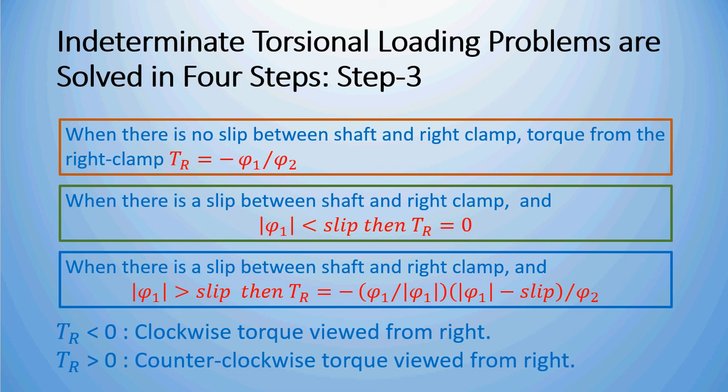However, if the magnitude of this net twist is greater than the allowed amount of slip, then this right clamp is producing a reactionary torque. In this case, use this equation down here, which is basically net twist 1 divided by its own magnitude, times the magnitude of net twist 1 minus the slip, divided by net twist 2, and that overall is multiplied by -1.